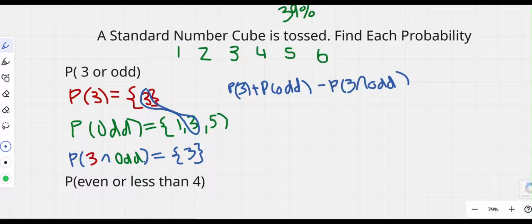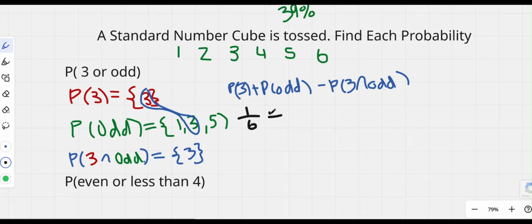So P of 3 is going to equal 1, because the possible outcomes are 1 out of 6. So the possible outcomes out of the total outcomes. So 6 total outcomes and only 1 event.